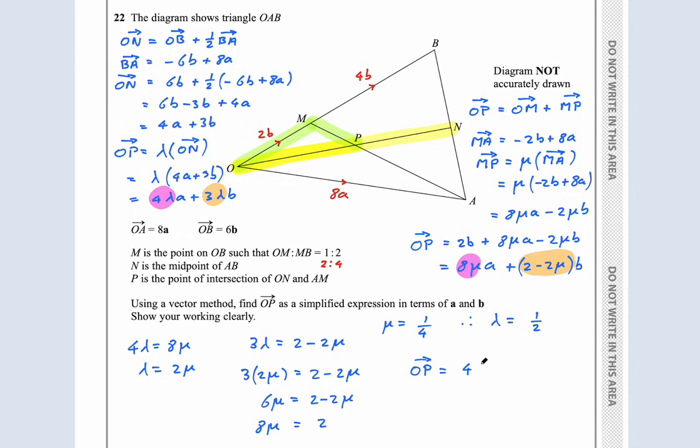OP is 4 lambda A plus 3 lambda B. Sub in my lambda, which is 1/2, and I get 4 times 1/2 A plus 3 times 1/2 B, which is 2A plus 3 over 2 B. And that's it. That's the right answer.